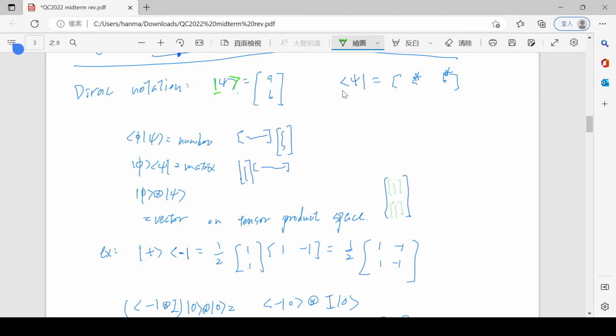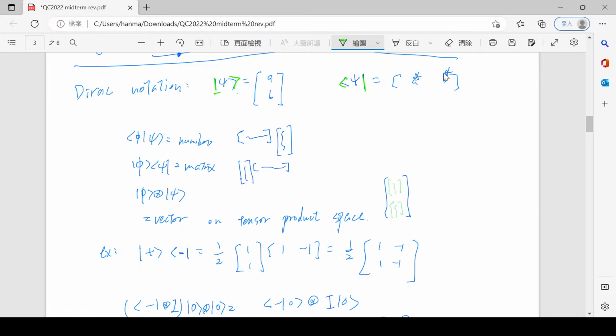And we will take the conjugate transpose of our column vector, so we'll have an associated row vector. This is the bra vector.